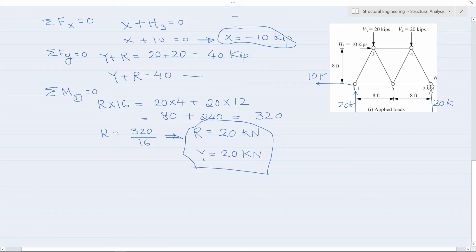Sorry, 20 kip, not negative, and the arrow indicates the correct direction. So this is the free body diagram.